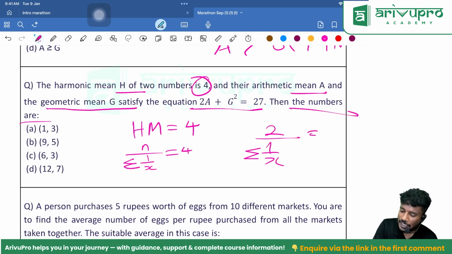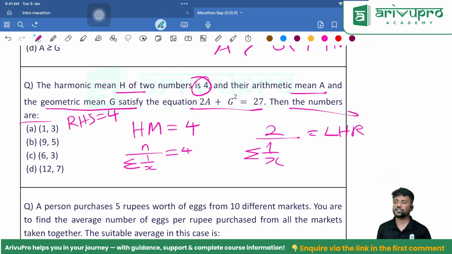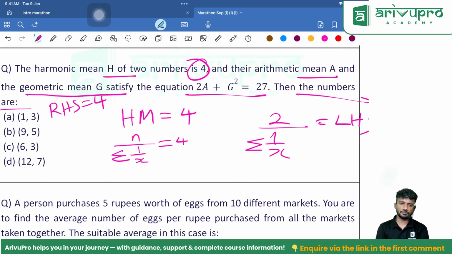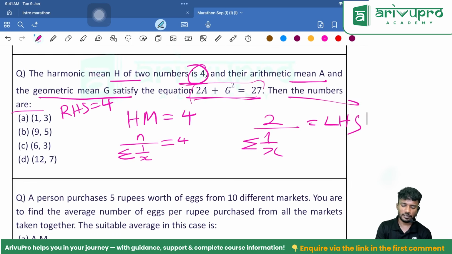That is our LHS. RHS is equal to 4. Now we will check which of the options is giving us 4. Whichever option gives us 4, that's your answer. People try. Everyone try. Which option is giving you 4? You don't need to be bothered about whatever is written over here. Just the first part is required.